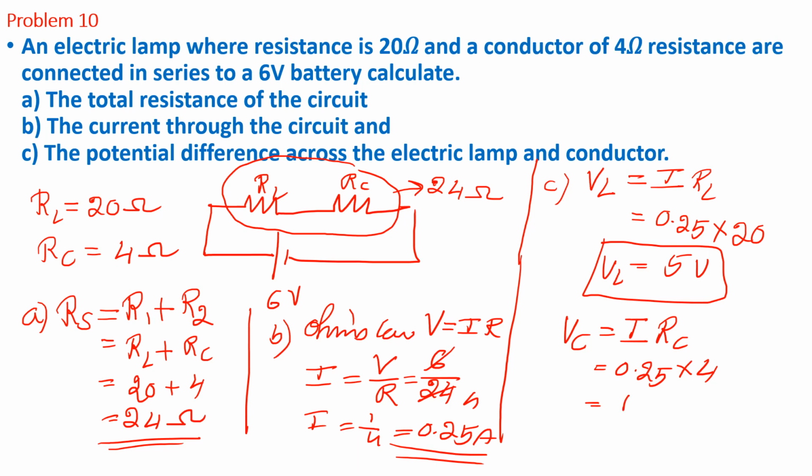What is asked? That is the potential difference. Potential difference unit is volt, so 1 volt. So the answer is VC is equal to 1 volt, VL equal to 5 volt, total current is 0.25 amps and the total resistance is 24 ohm. This is the answer for this particular question.